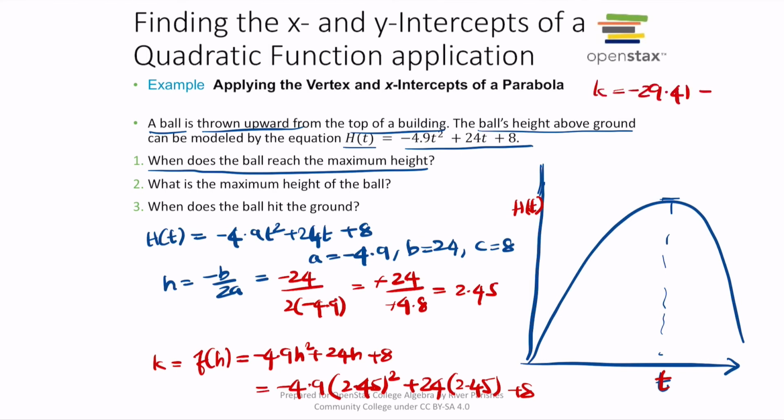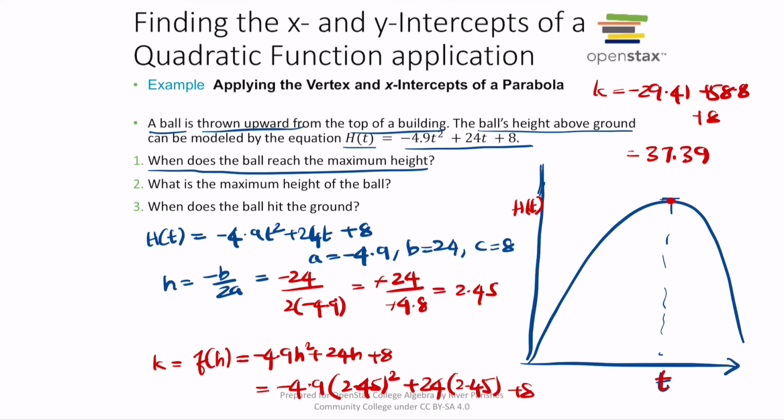So the k value here can be written as -29.41 plus 24 times 2.45, that is 58.8, plus 8. So you have 58.8 plus 8 minus 29.41. So the total value becomes 37.39.